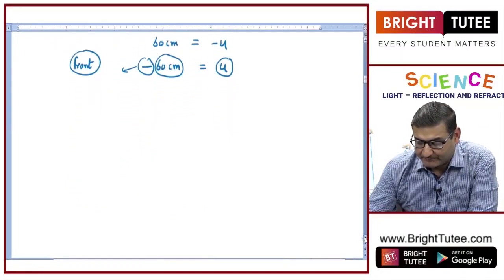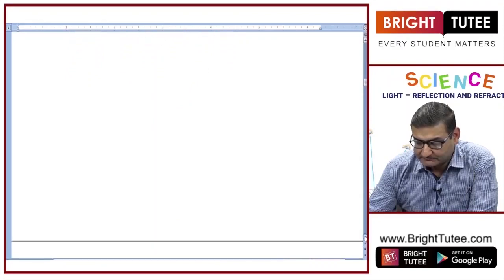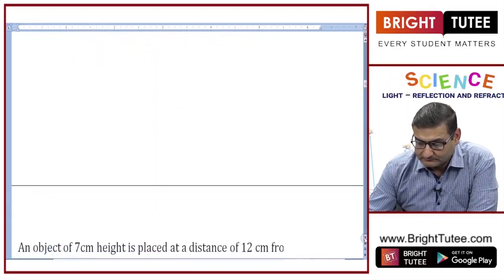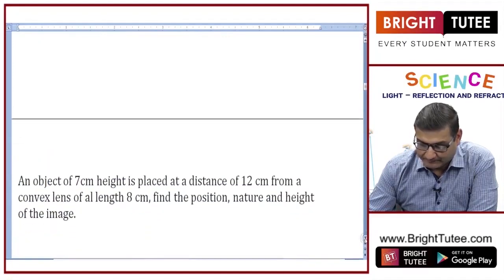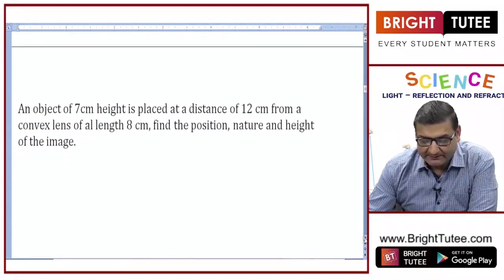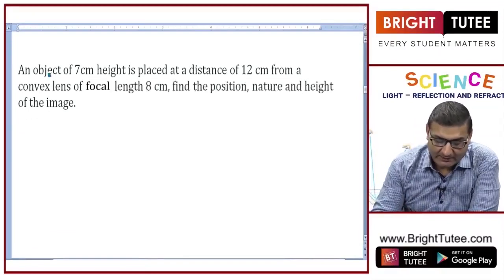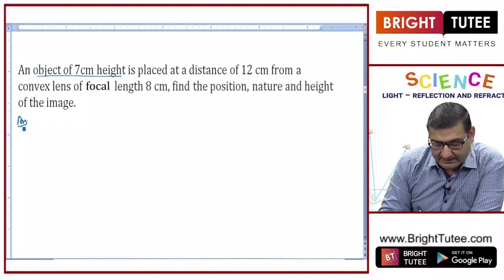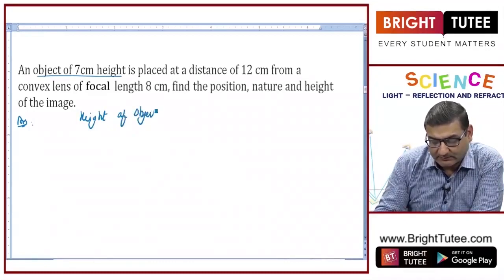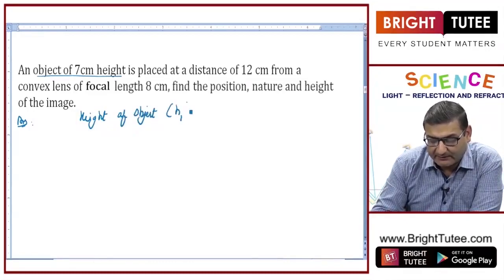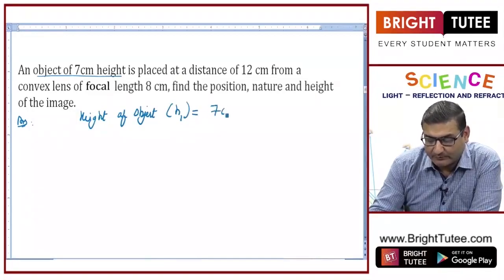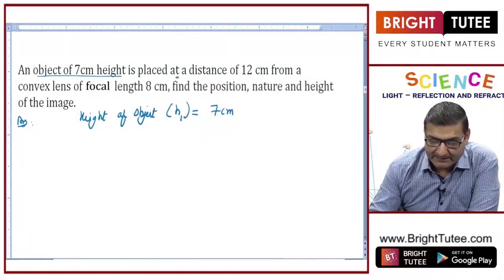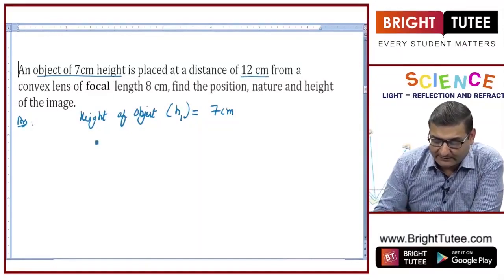Now the second question that we'll encounter is, an object of 7 centimeter height. So once again, in our solution, what is given to us? Height of object, height or size, it's one and the same thing, and we represent it with h1, that is given out to be 7 centimeters, is placed at a distance of 12 centimeters.